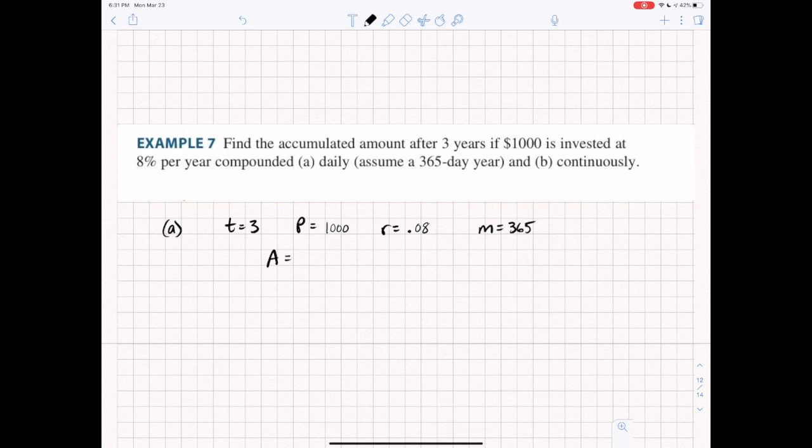So I would have the accumulated amount is equal to 1,000 times 1 plus 0.08 divided by 365, raised to the 365 times 3. And this would come out to be approximately, I'm going to grab my calculator, approximately 1271.22.